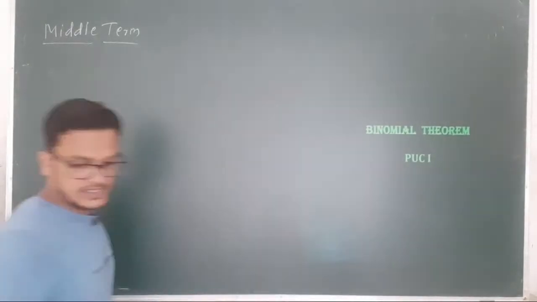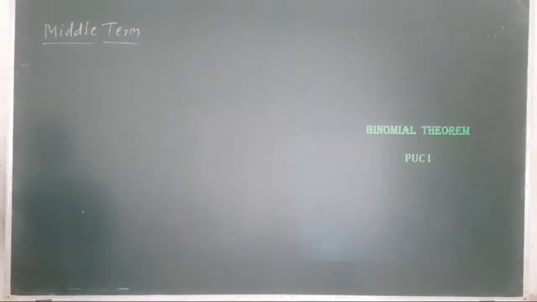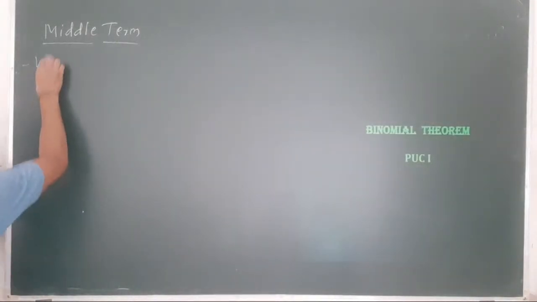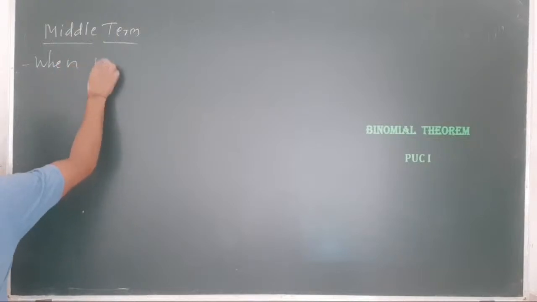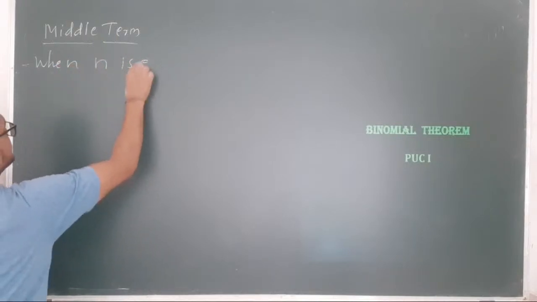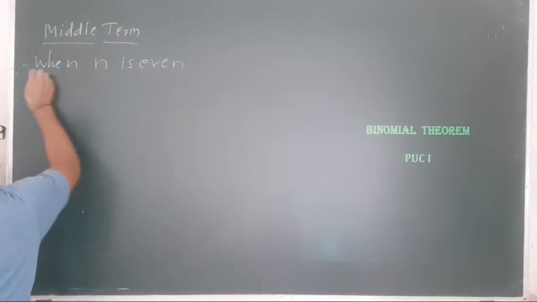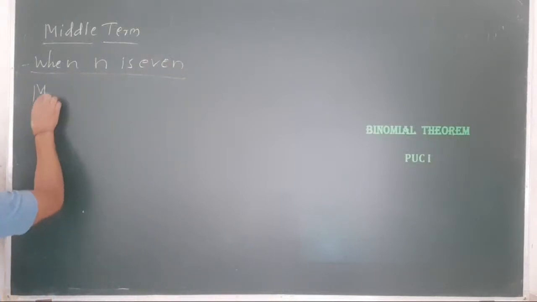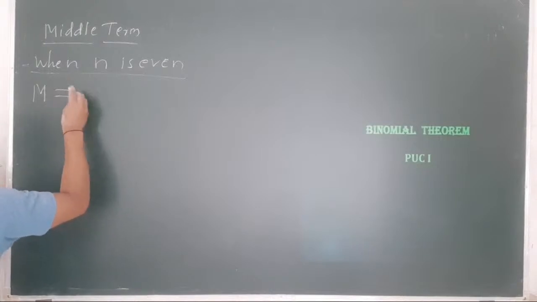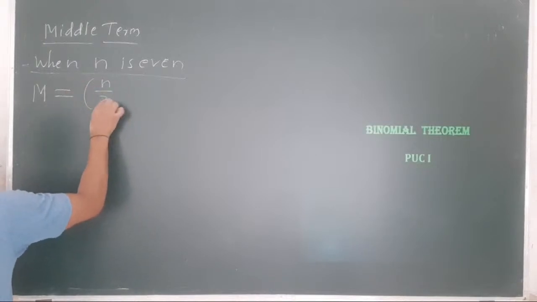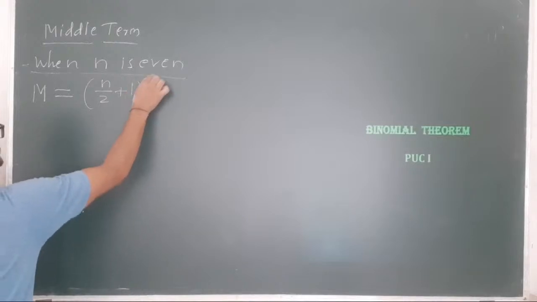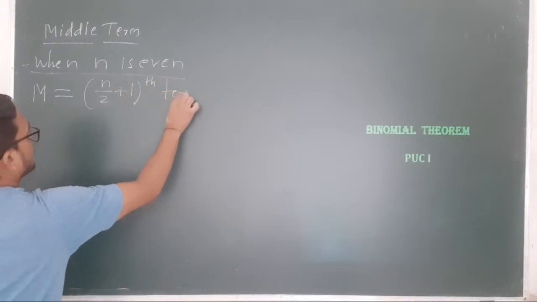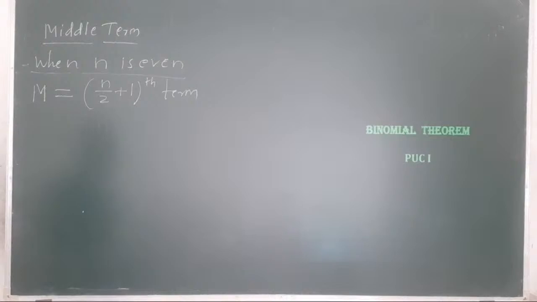We have to see generally. Okay. So see here. When n is even, middle term, that is m is equal to n by 2 plus 1th term. This is the middle term, that is only one middle term, that is n by 2 plus 1th term.